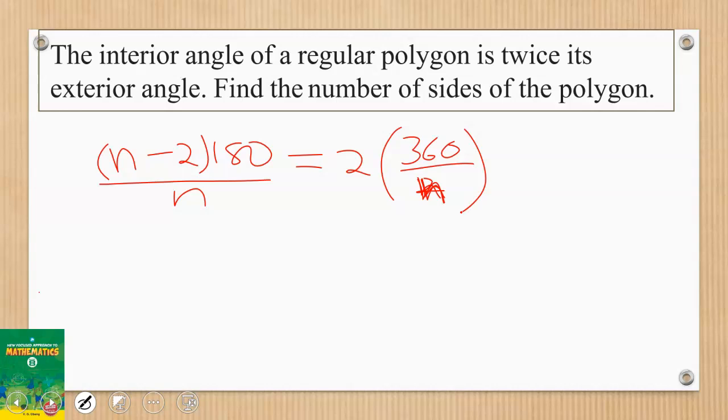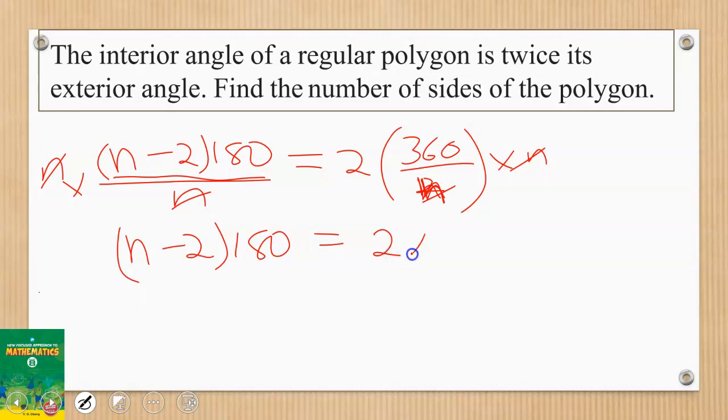Now we can simplify this to make n the subject. First of all, we can multiply both sides by n, so that the n cancels the denominators. Then we have n minus 2 times 180 is equal to 2 times 360. After cancelling the denominators out, this is what we have, right?